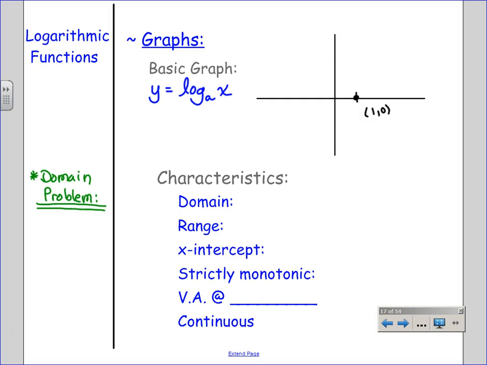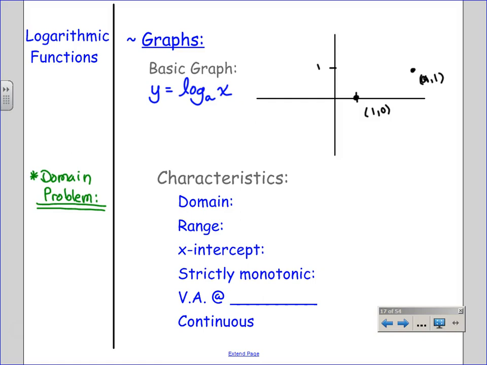But we don't know who a is. It depends. Whoever a is, it's going to go up to 1. And then the point negative 1, 1 over a is going to flip again to be 1 over a, negative 1.